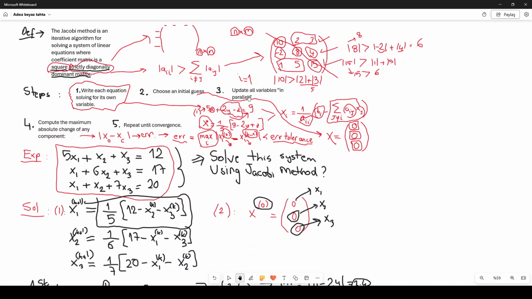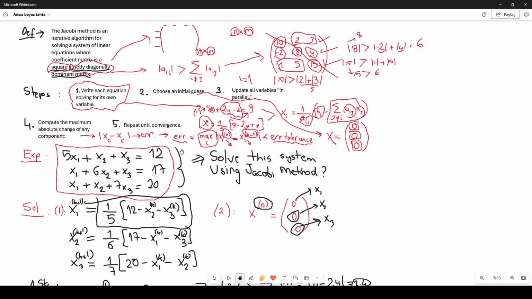Of course, we take the absolute values while taking the sum of these values. If all the main diagonal entries satisfy this property, then it's called a strictly diagonally dominant matrix. And if it's a square strictly diagonally dominant matrix, then we can apply the Jacobi method because we will have a unique solution case where we are ensured to have convergence.